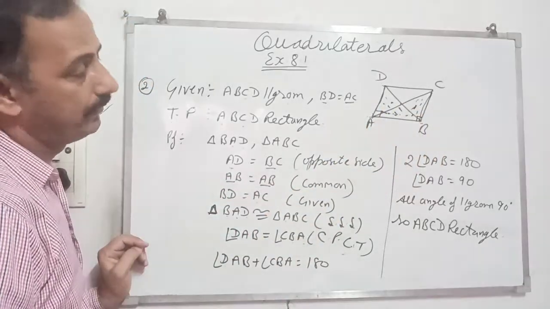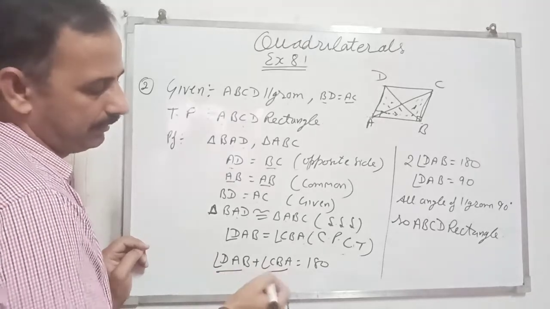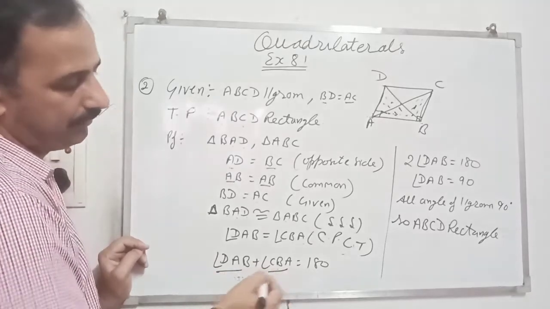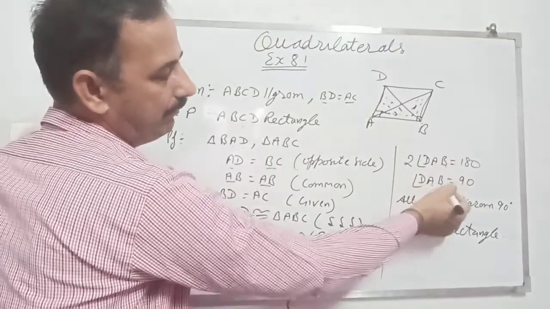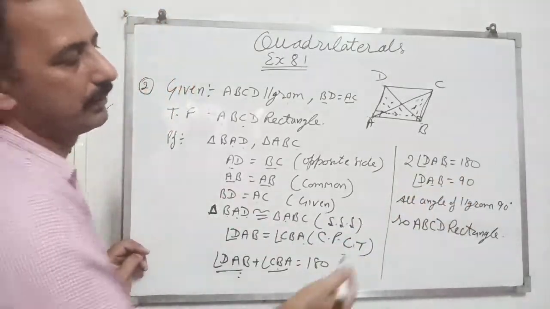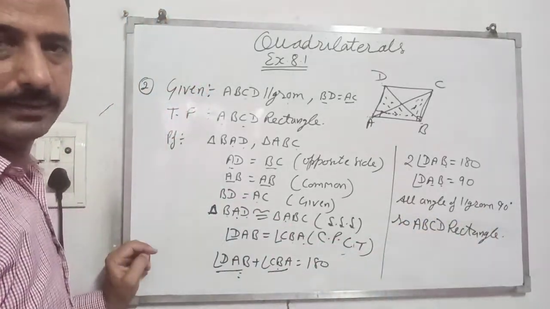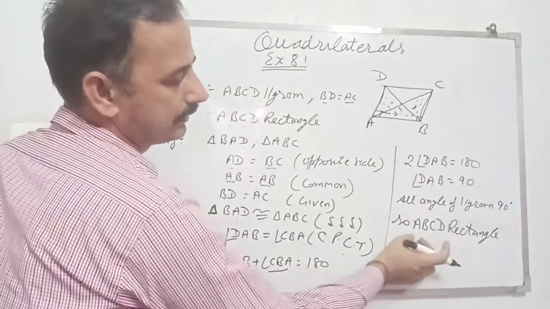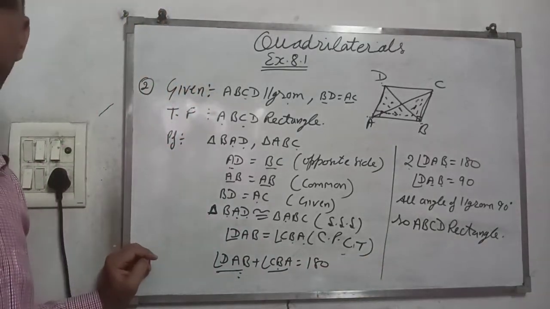So the sum of these two angles is 180 degrees, right? But we know that they are equal to each other, so it becomes 2 times angle DAB. So DAB is equal to 90 degrees. So it's a parallelogram with an angle of 90 degrees, so it becomes a rectangle. So ABCD is a rectangle.